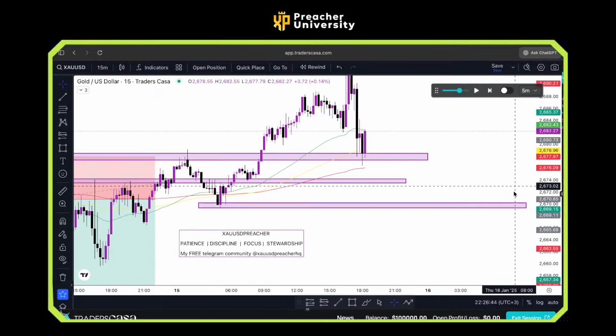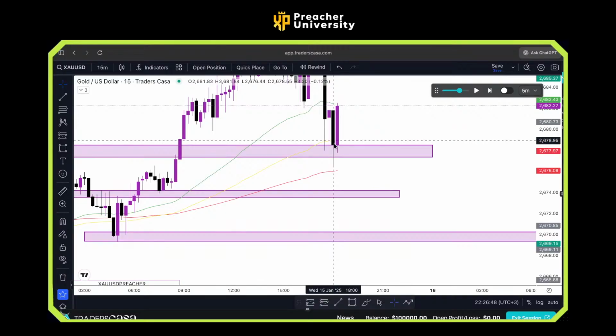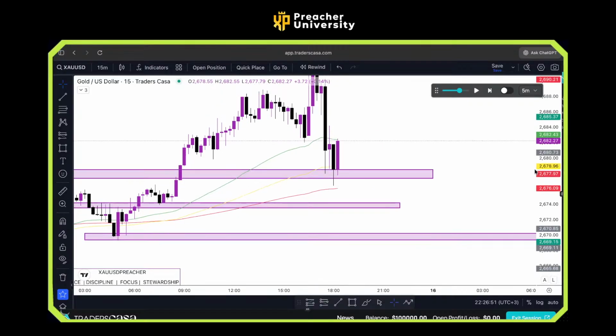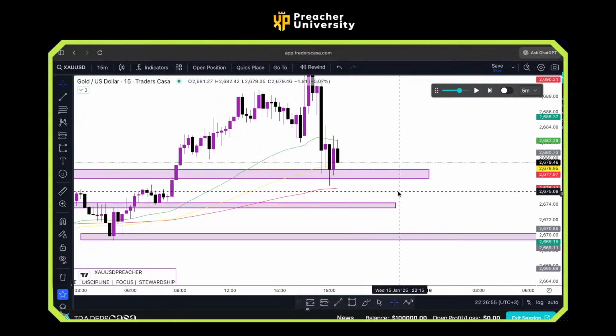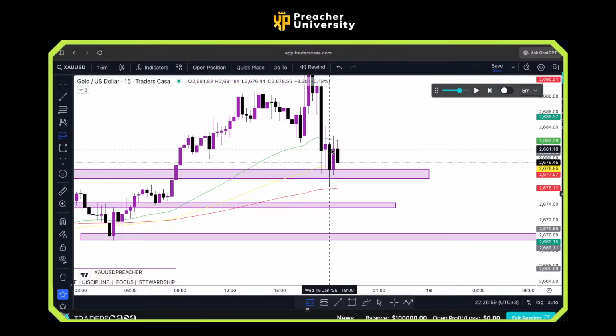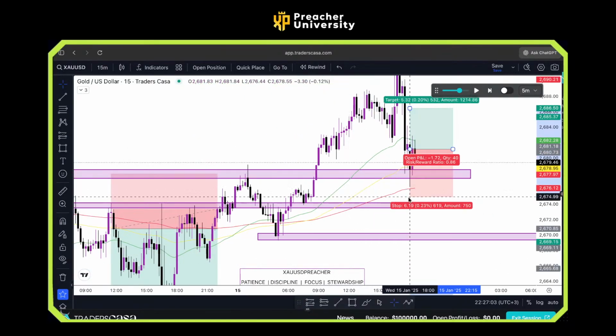And guess what happened? We got this beautiful candle close, and it closed bullish right here. So this would have been a trade worth taking. Where is your stop loss?